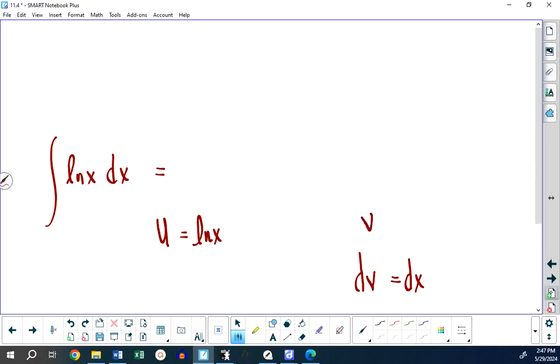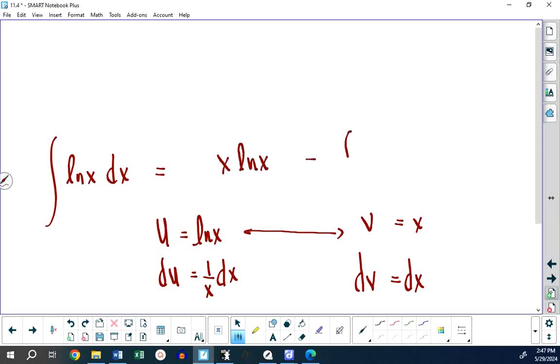Which means v is x, antiderivative of 1 is x, du is 1 over x dx. So this integral is the product of these minus the integral of the product of these. x times 1 over x is 1.